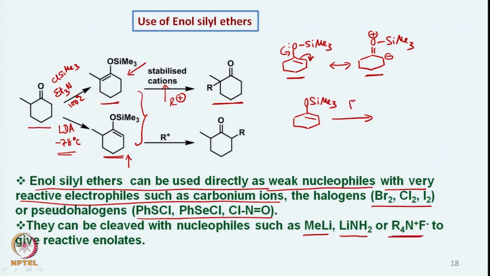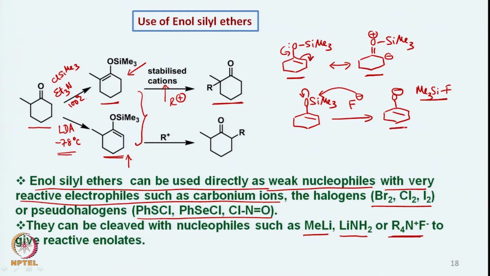So, suppose you have tetrabutyl ammonium fluoride or any other nucleophile, which attaches onto the silicon here, and then the negative charge comes out, and you can now generate an enolate here. A strong silicon-fluorine bond is formed, making trimethyl silyl fluoride, and this is now a better nucleophile.